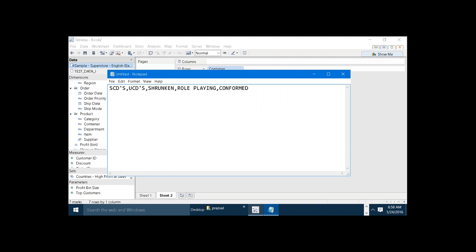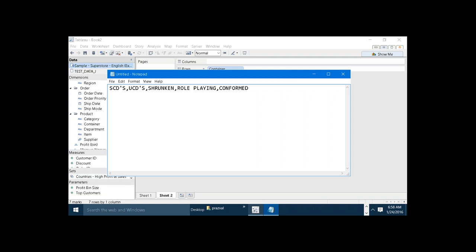So the container comes under slowly changing, right? Containers include a big box, a small box. If you select one thing, it will be one thing. So why will it not come under the unchanged dimension?